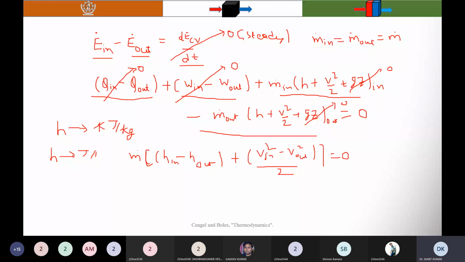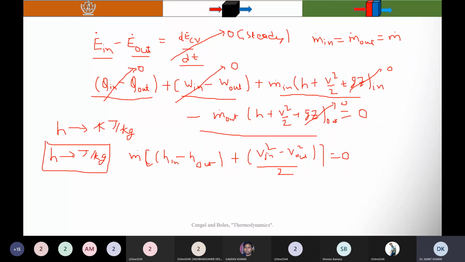Otherwise you need to divide by 1000 here, so this term also becomes kilojoule per kg. If you forget to divide, it is better to convert the enthalpy into joule per kg. Then you get the correct answer.